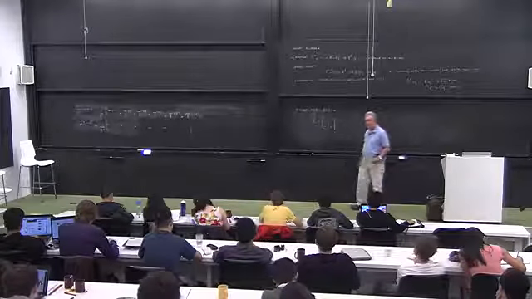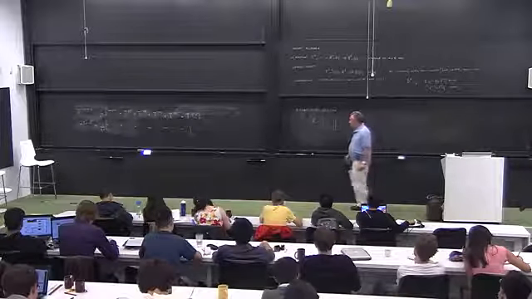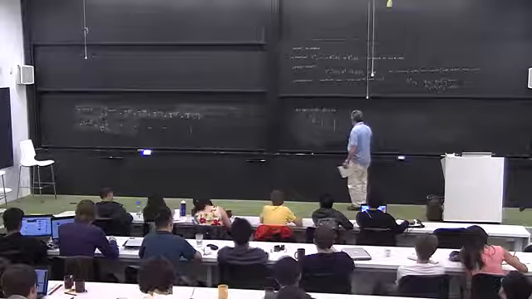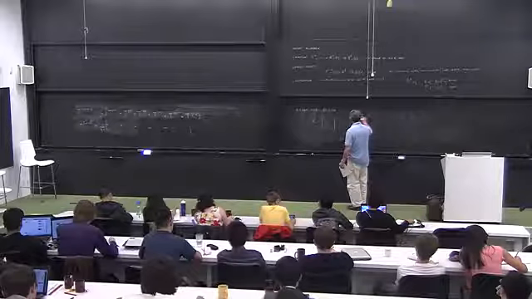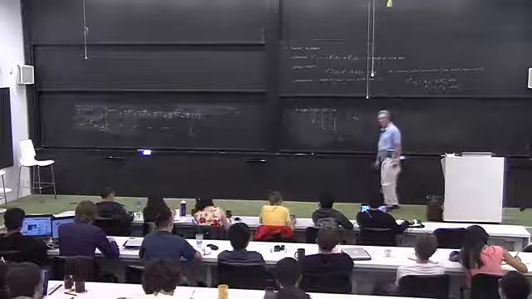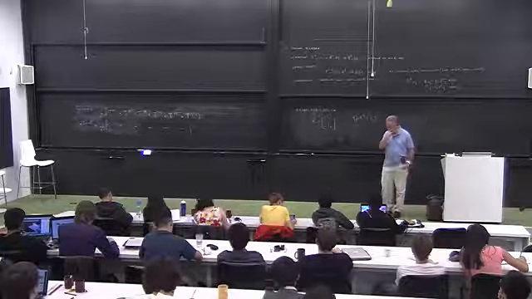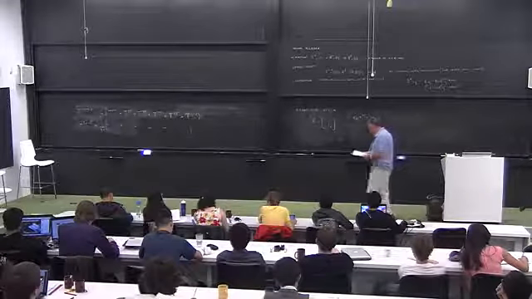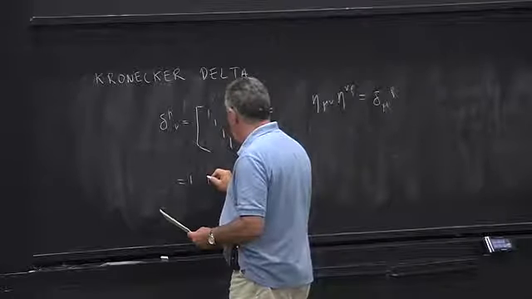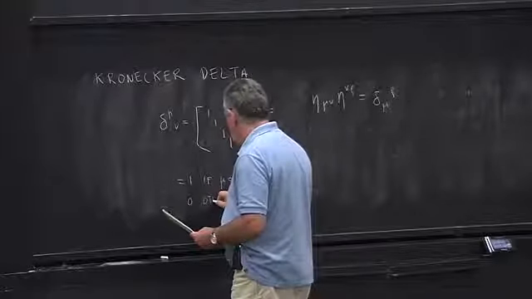Zeros everywhere else. Notice how it differs from the Minkowski metric. The Minkowski metric has a minus sign here. But if you multiply 2 Minkowski metrics, one up and one down, you get the Kronecker delta, which has no minus signs. So another way of saying it is it equals 1 if mu equals mu and 0 otherwise.